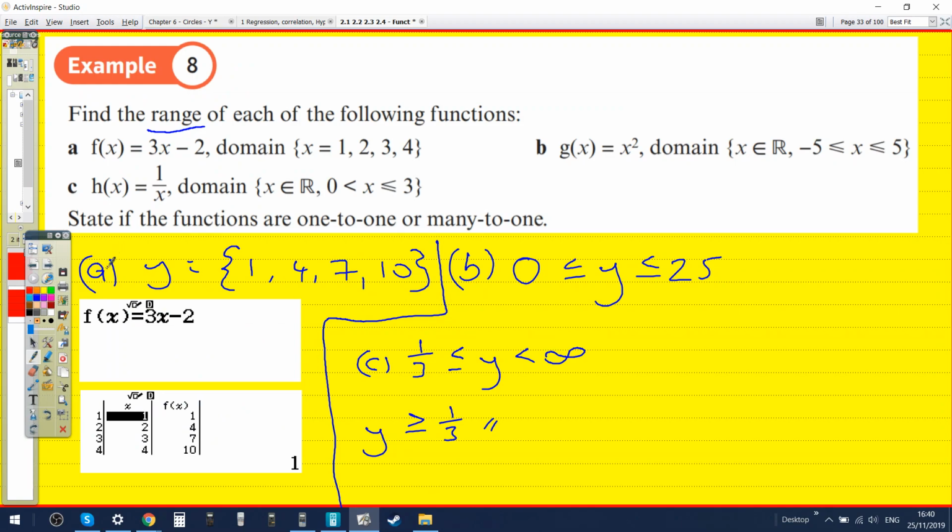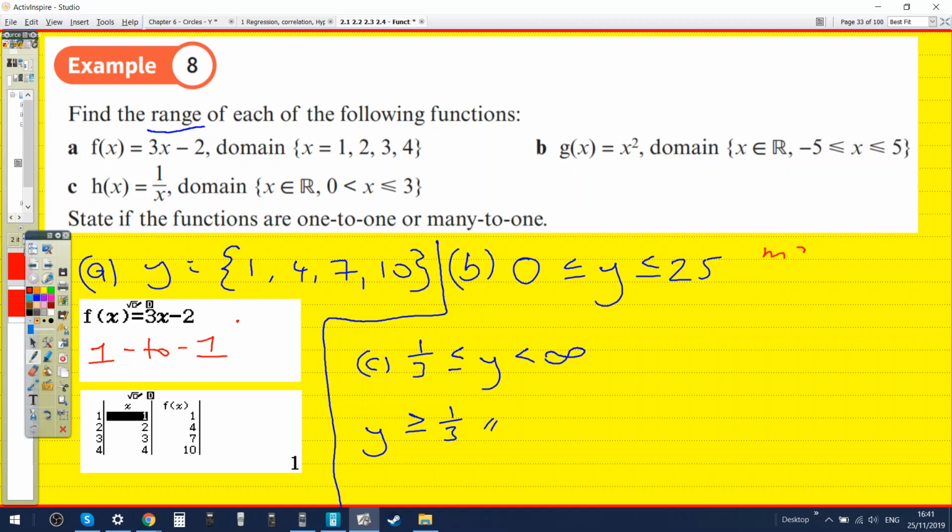And for each of these, is it 1 to 1 or many to 1? Would the first one be 1 to 1? I believe so, yeah. It's a straight line. B would be many to 1.